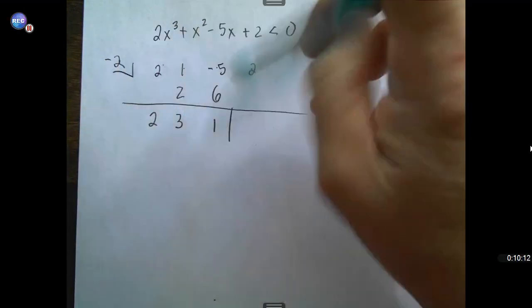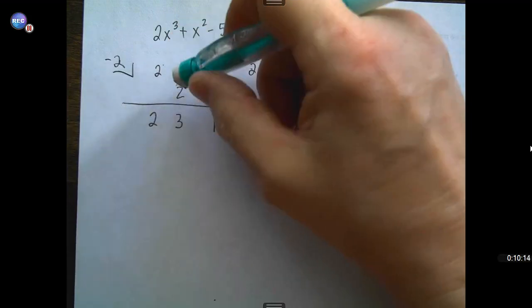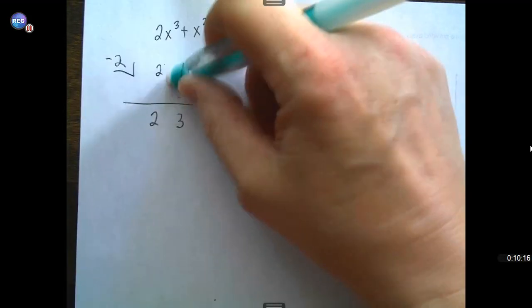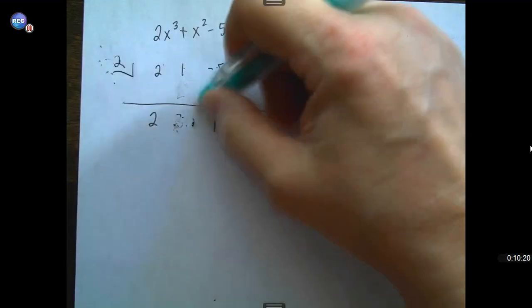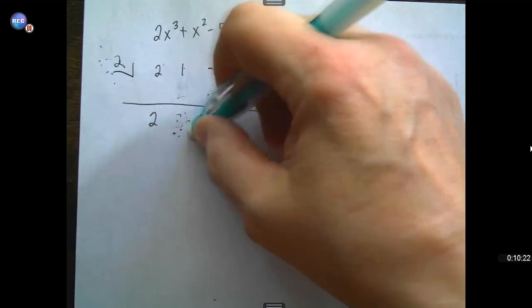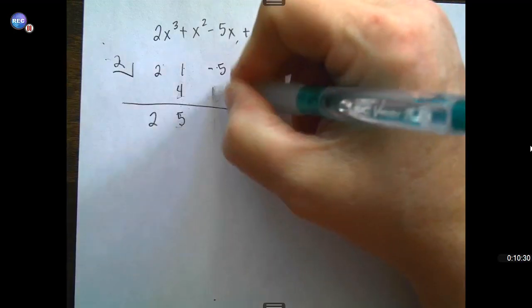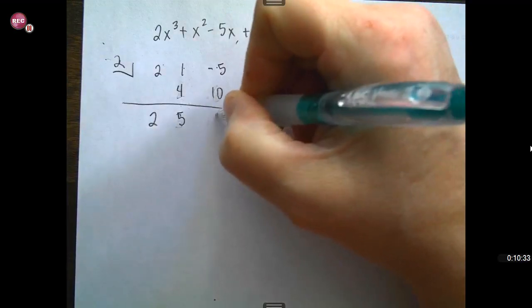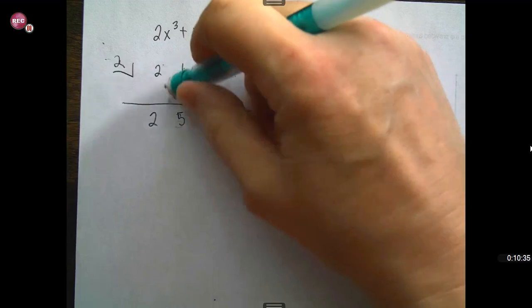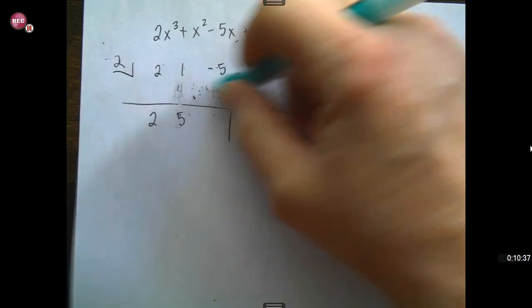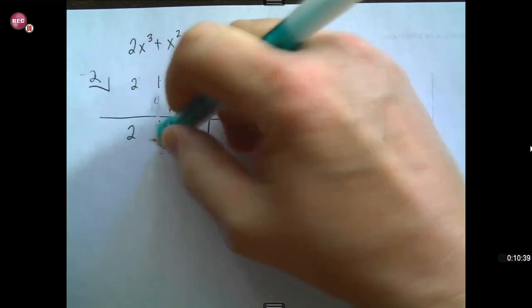I'm sorry, I did that wrong, didn't I? Bring the 2 down, I multiply, I get 4. And 1 plus 4 is 5, and that's 10. And that would be 5, and that would be 2 doesn't work. Even though I did it wrong, it still doesn't work.